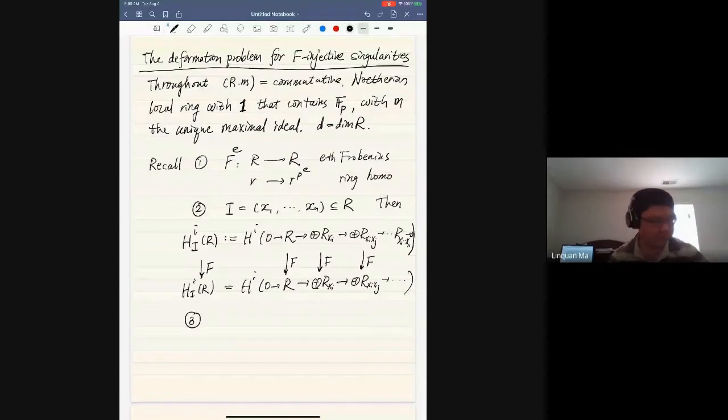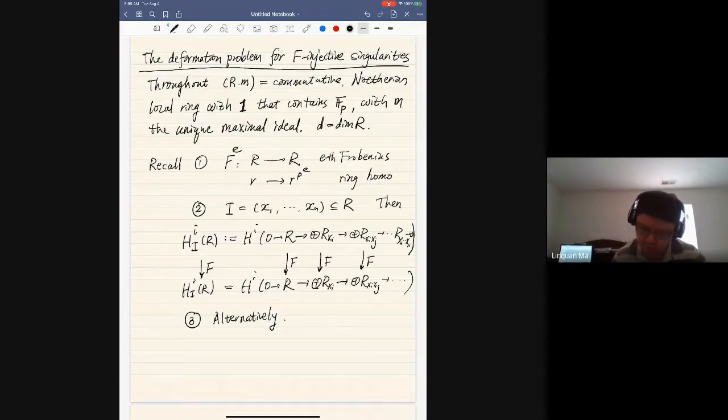For the convenience of the talk and the theorem that I'm going to prove later, alternatively you can also view this map on local cohomology as the map induced by the Frobenius.